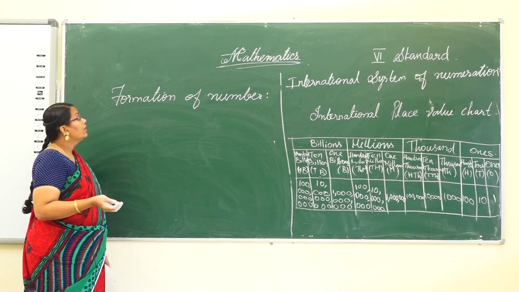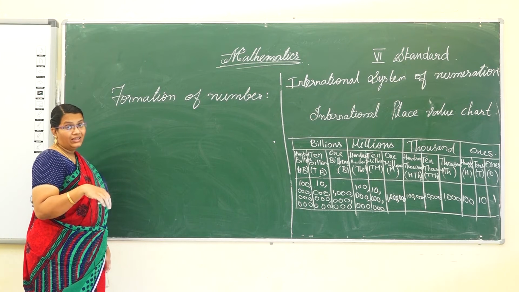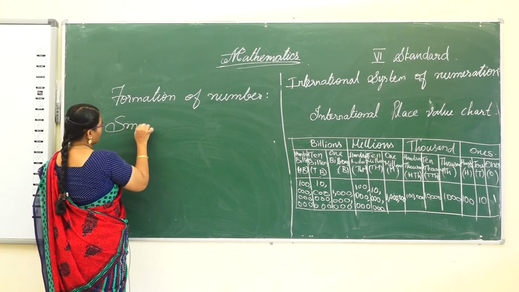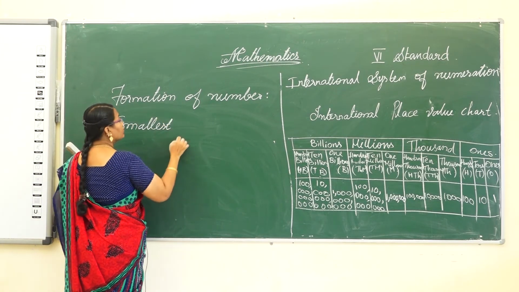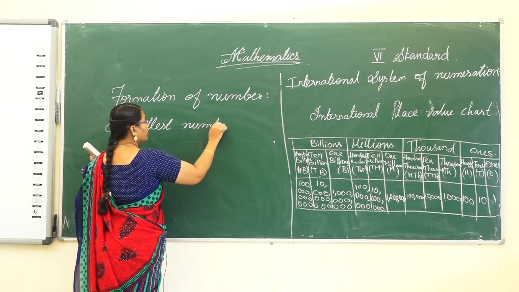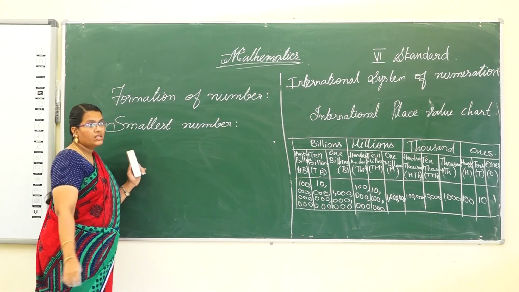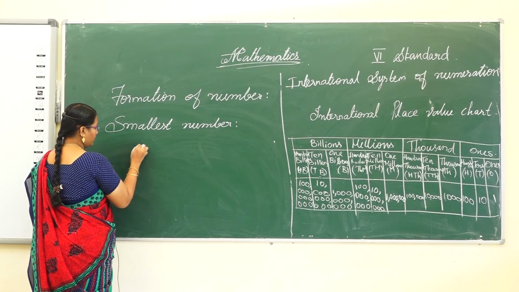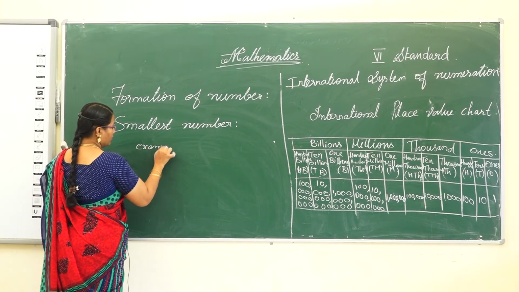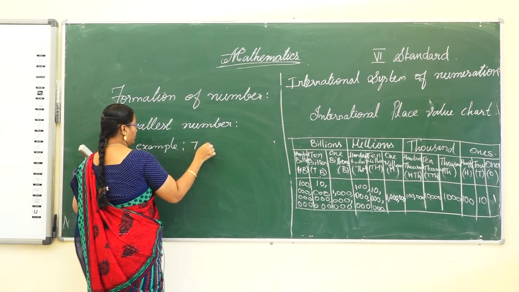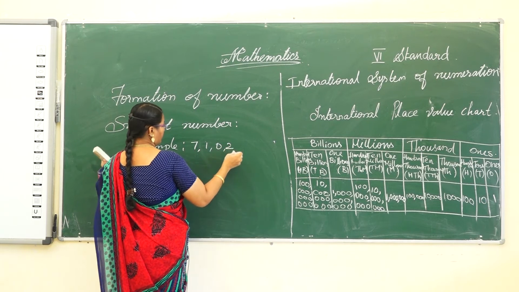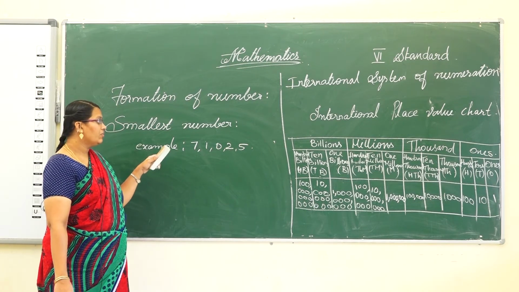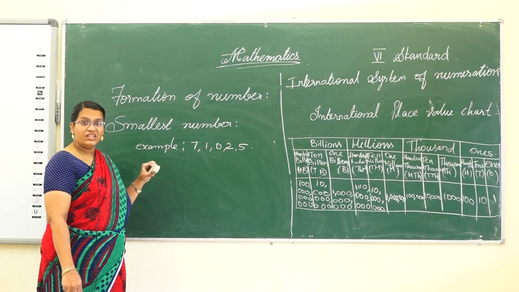How do you write the smallest number and the greatest number from given digits? First, the smallest number. How do we form it? Considering the example, if you want to find the smallest number, first write the given digits in ascending order.